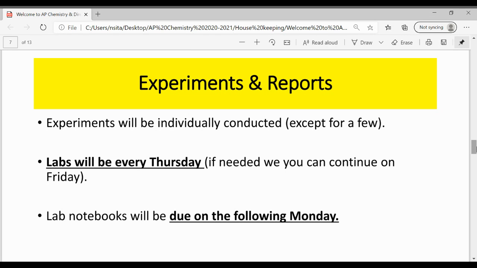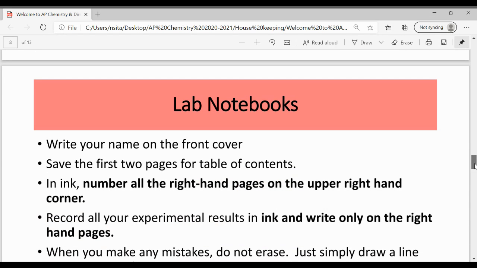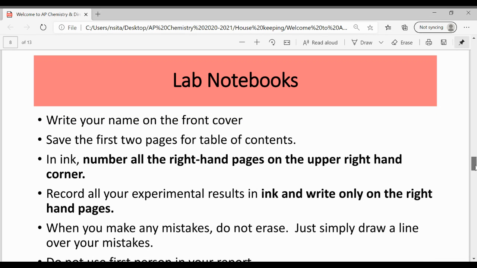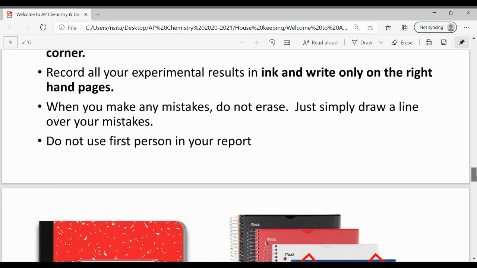When I look at the schedule for this year, most of the experiments you will be conducting individually, independently, by yourself. I will try to have the experiment every Thursday. Thursday is nice because if you're not done in time, you can still continue on Friday, and the report will be due the following Monday. I'm not going to talk about lab notebooks because this year is unconventional, so we will switch from a physical lab notebook to online lab reports instead.